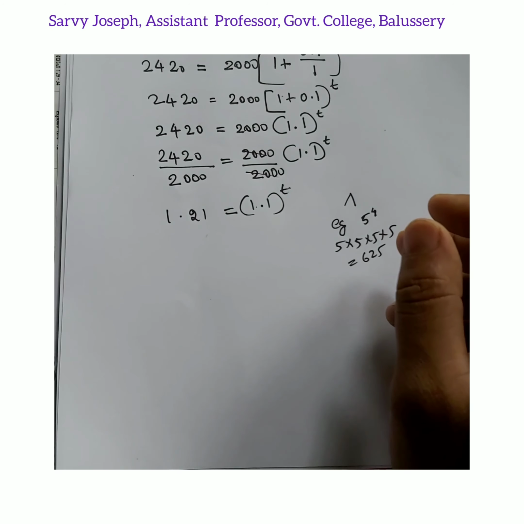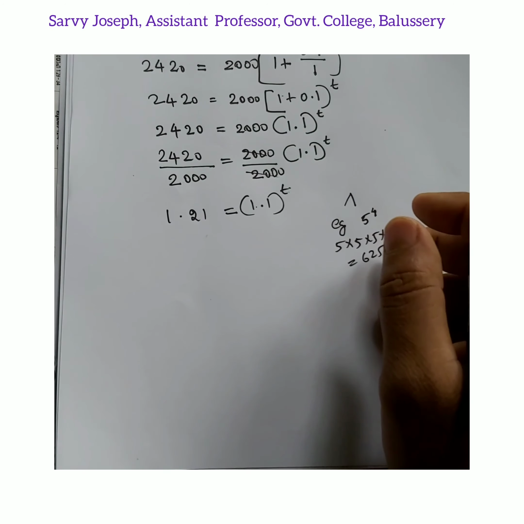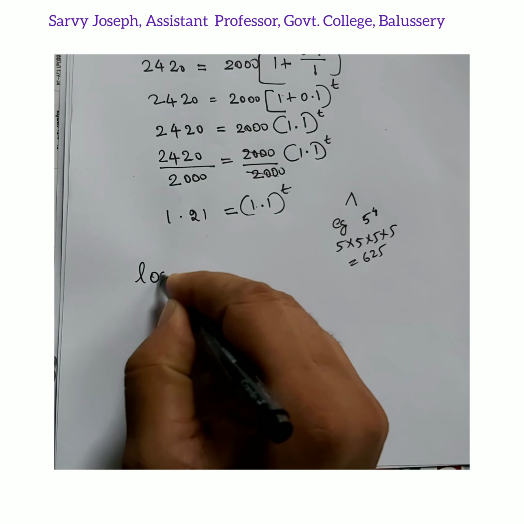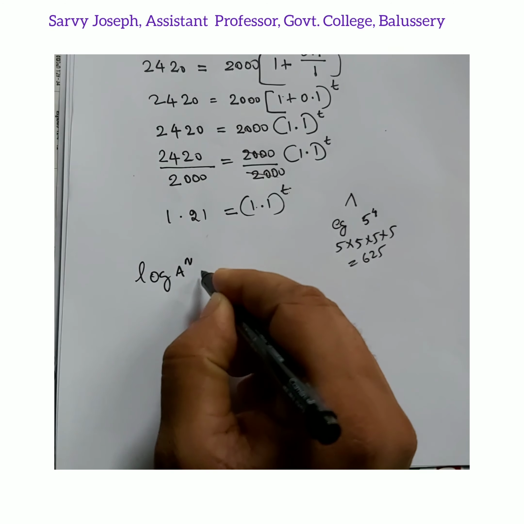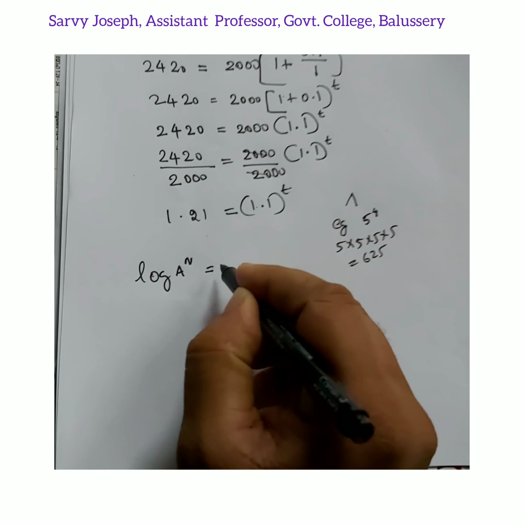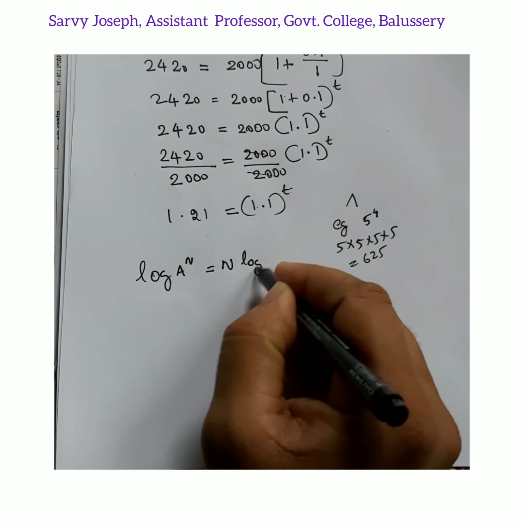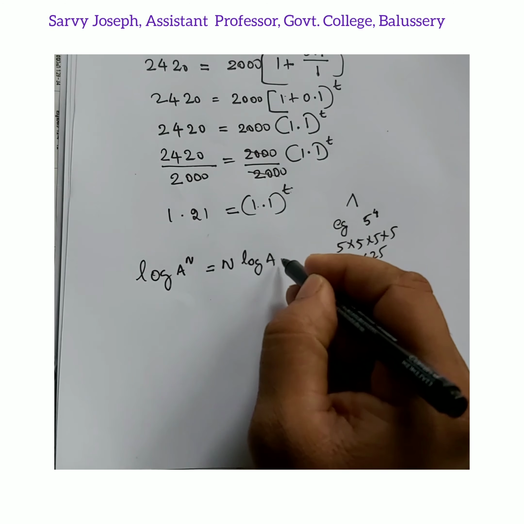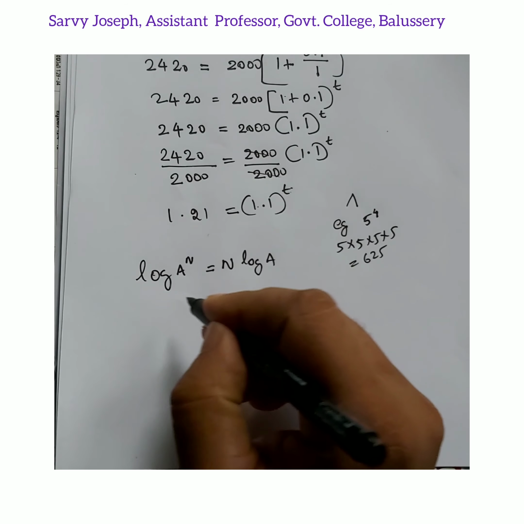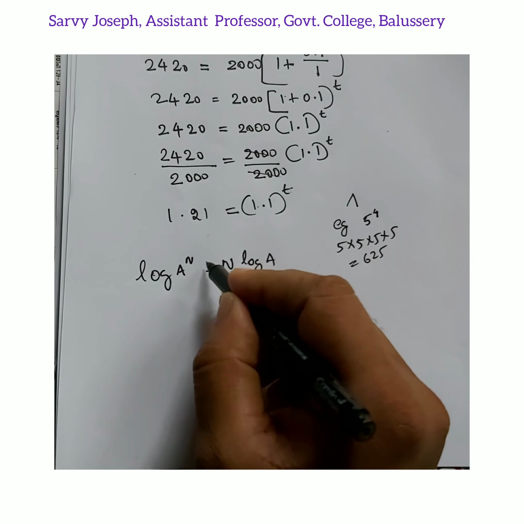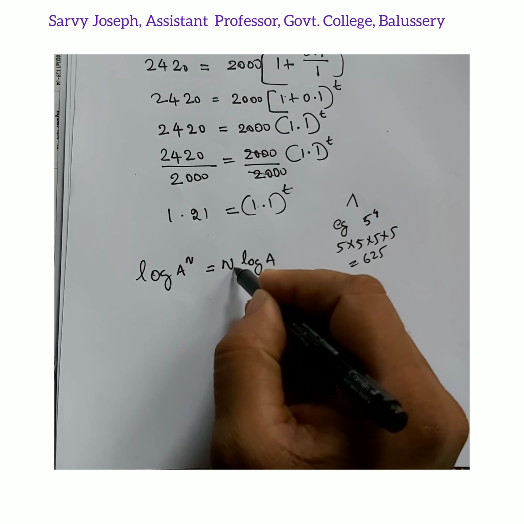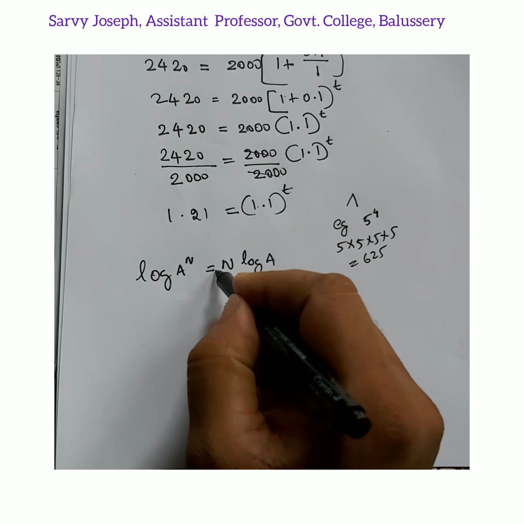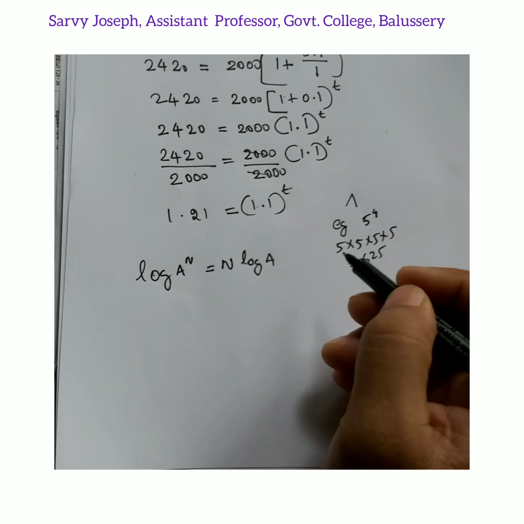So let us write this as log a raised to n equals n log a. This is property 5 of logarithm, the power rule. The n can be written in front. Log a raised to n is equal to n log a.